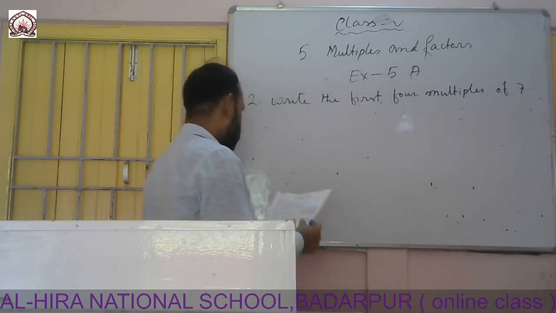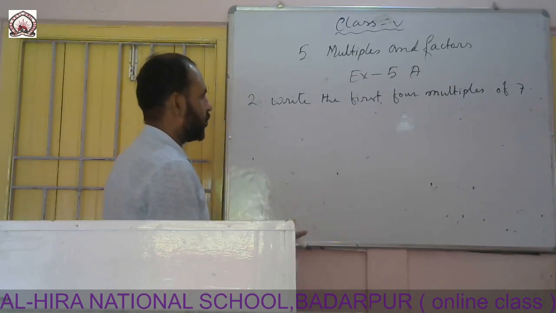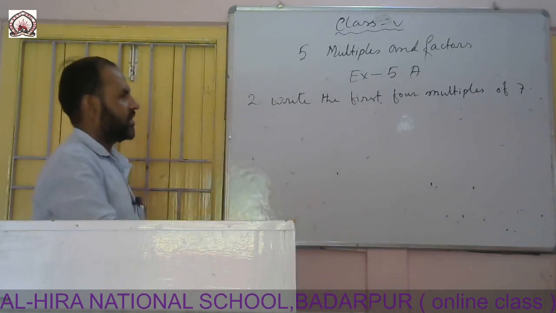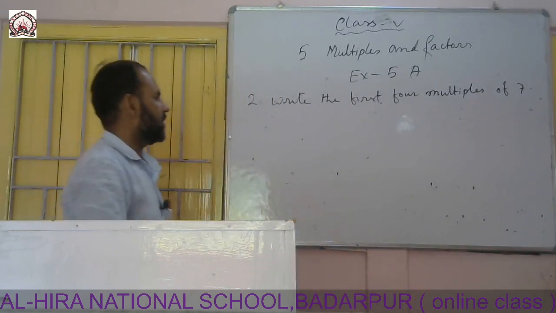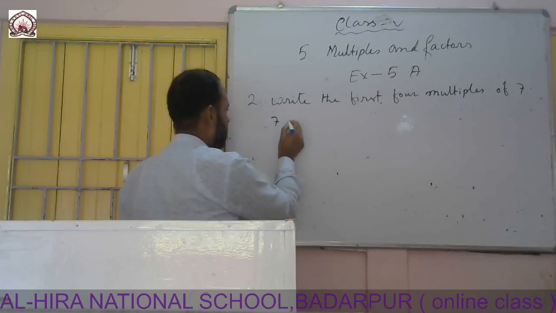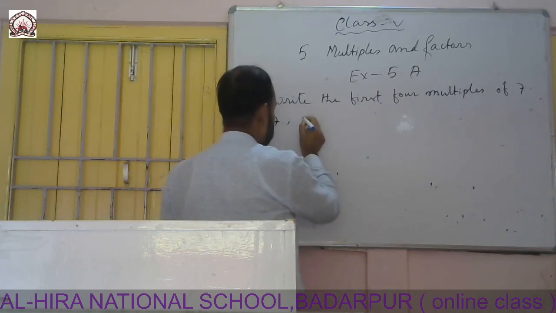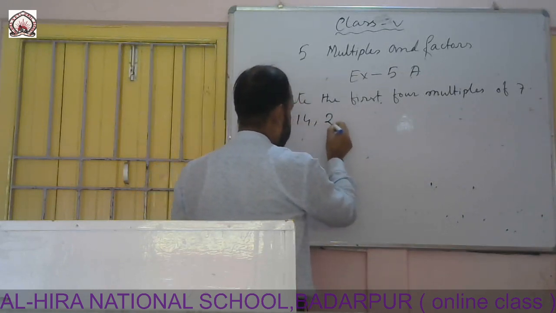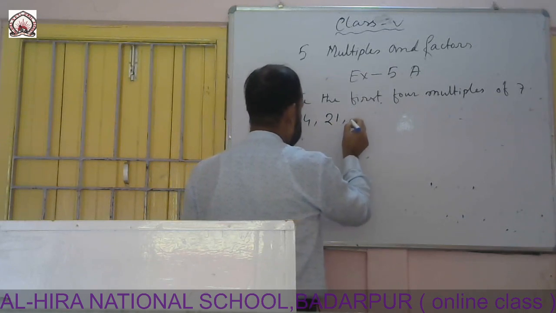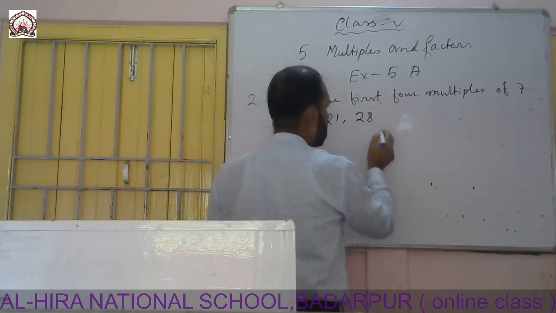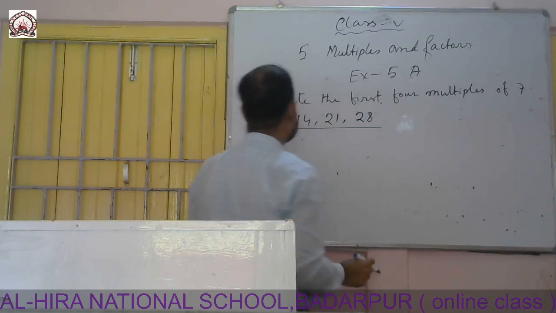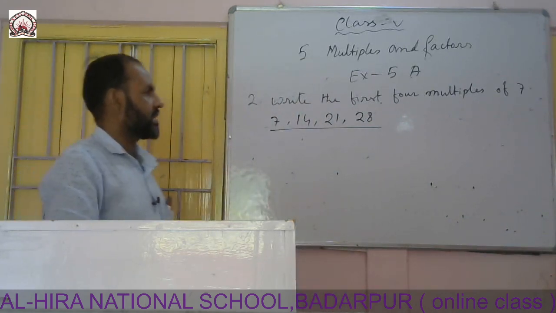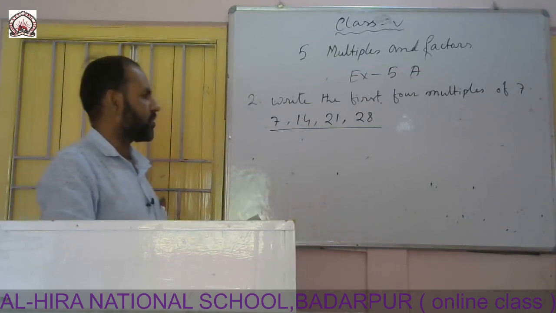So here it is said first 4 multiples of 7. 7 ones are 7, 7 twos are 14, 7 threes are 21, 7 fours are 28. So 7, 14, 21 and 28 are the first 4 multiples of 7.